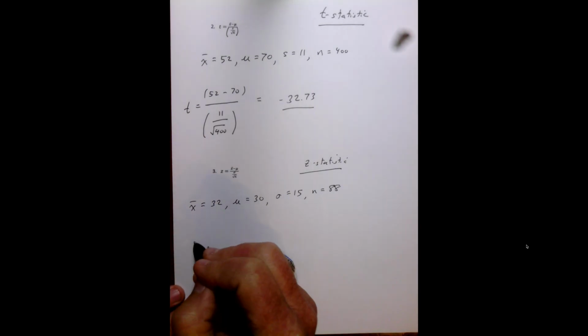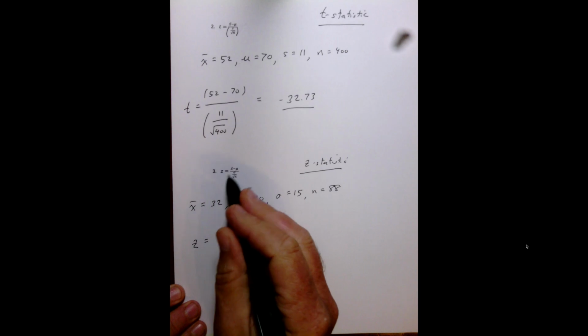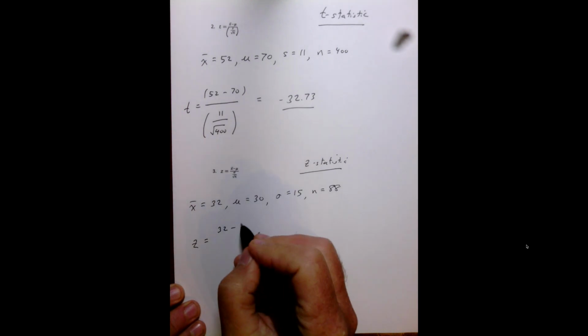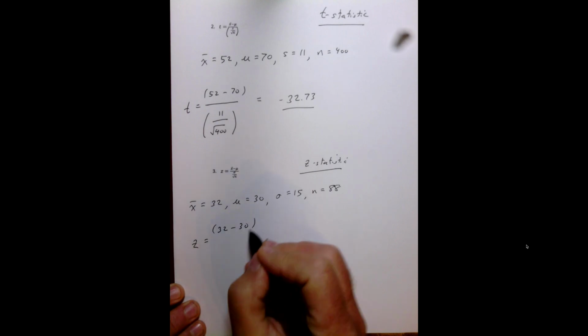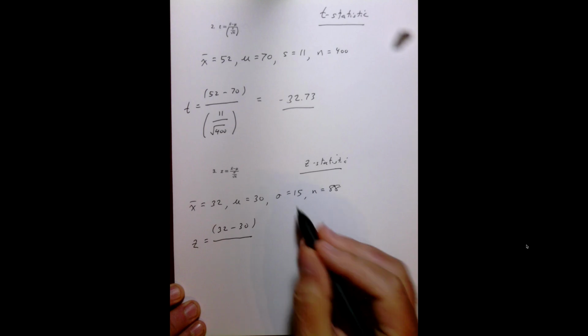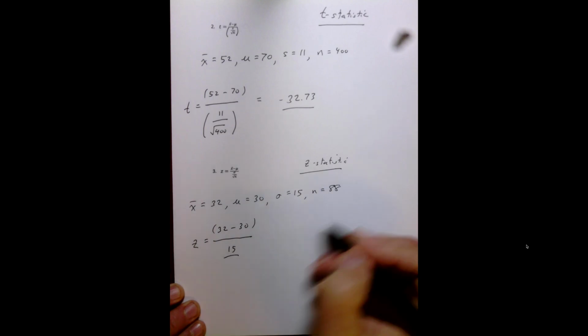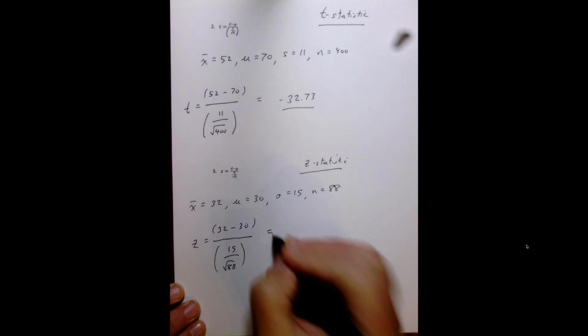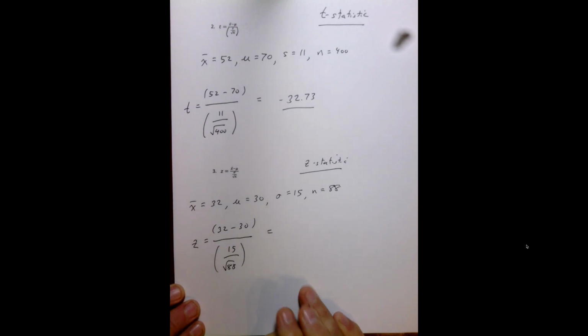All right, so to calculate, let's write it out again. So X bar is 32, mu is 30, put in parentheses because it helps us get the answer right, 15 over the square root of 88, put it in parentheses because it helps us get the problem right.